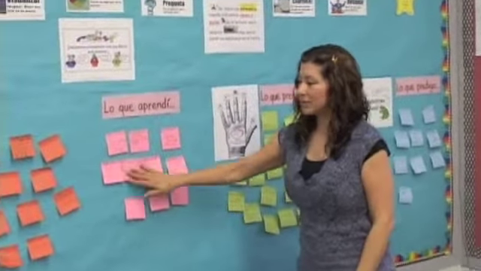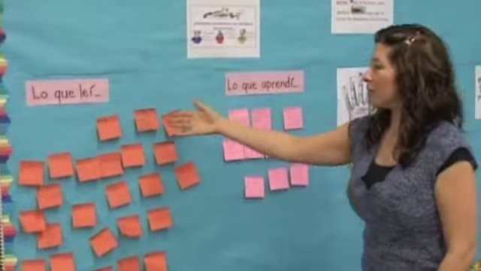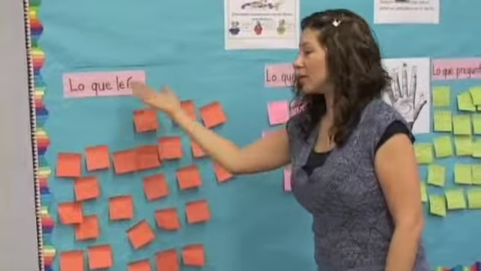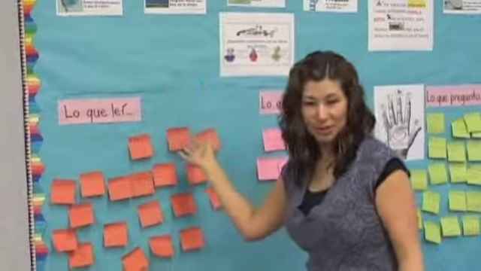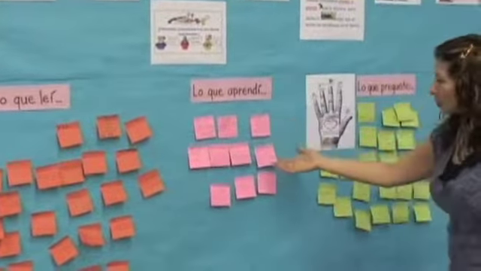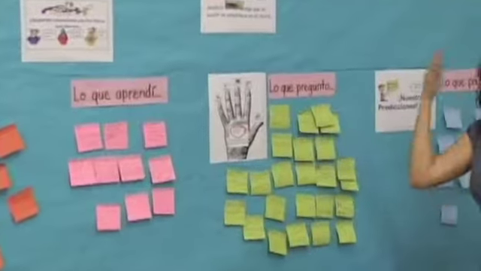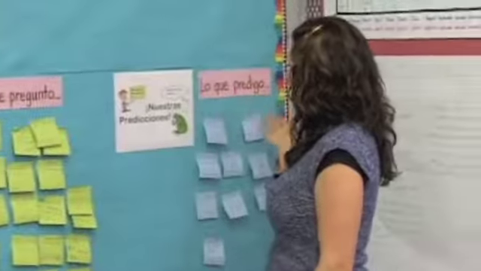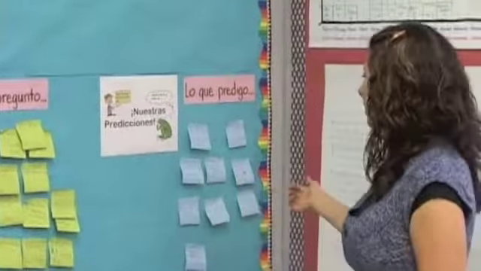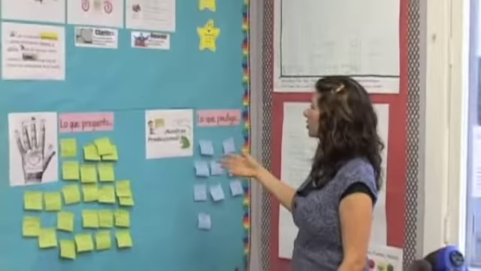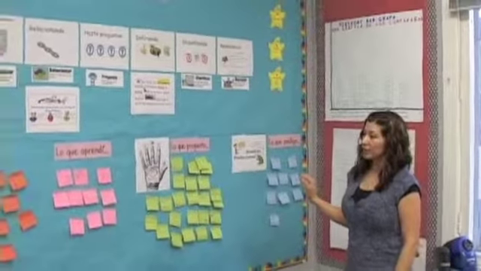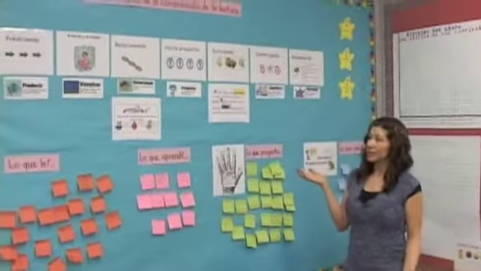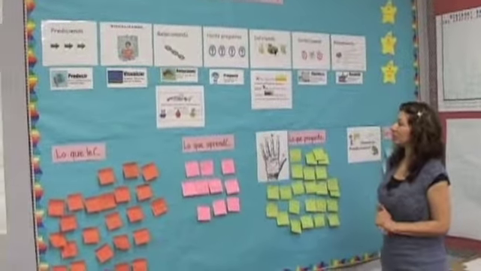So they all have Post-its while they're reading, and here they are writing about what they read, and they're talking about the genre that the book is and how many stars they give it, what they learned, what they are asking themselves while they're reading, and then all the predictions that they're making. So this is up all year long, because this is something that in third grade they have to do for comprehension strategies.